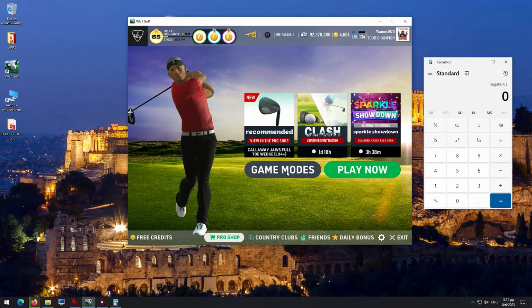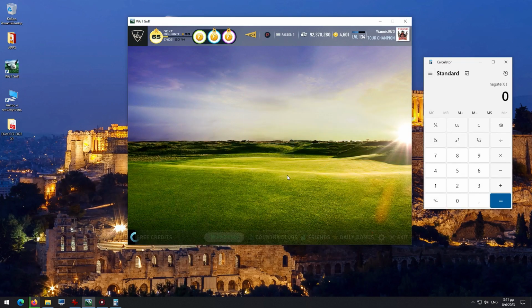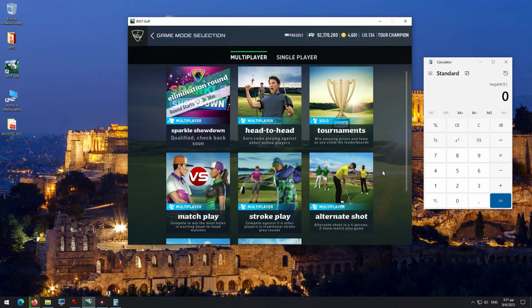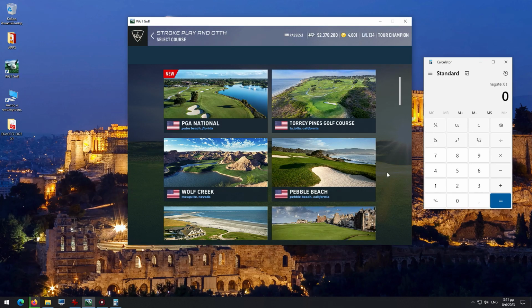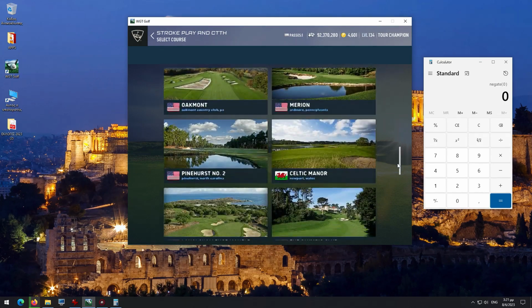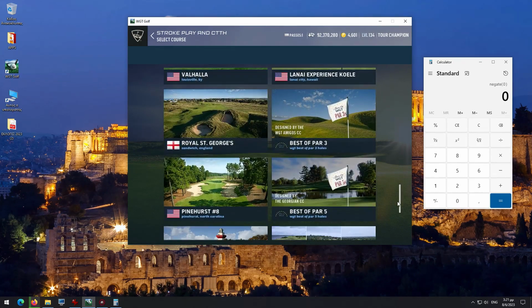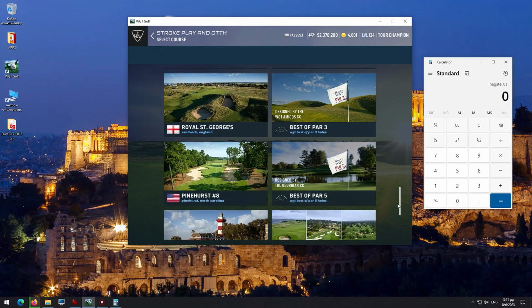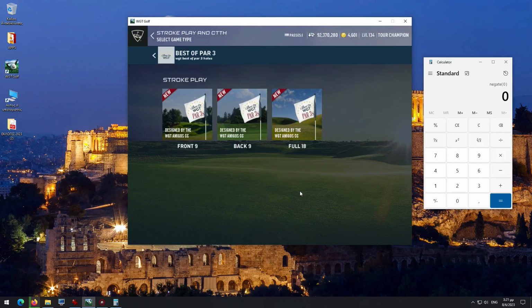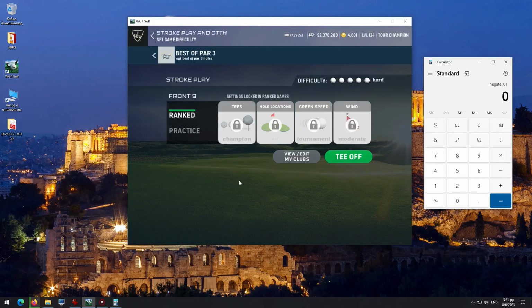Let's go to the game and pick the par 3s. On the right side, go a little bit back. Yeah, in the front 9.